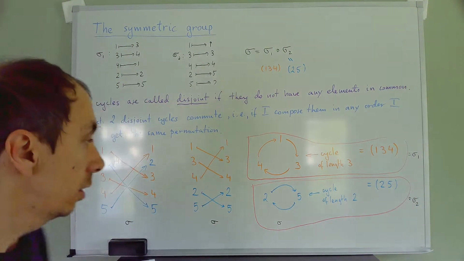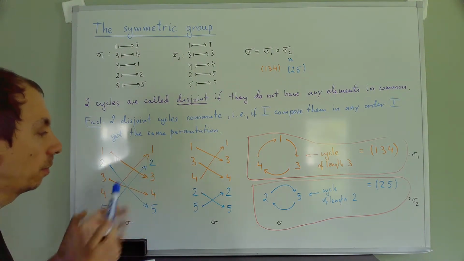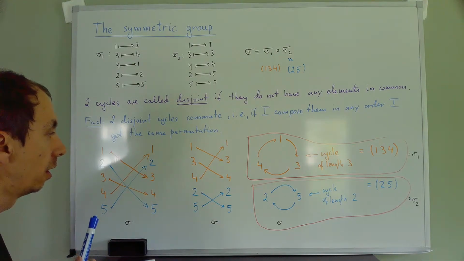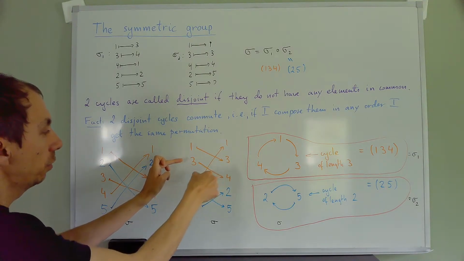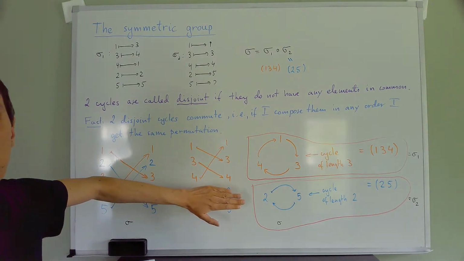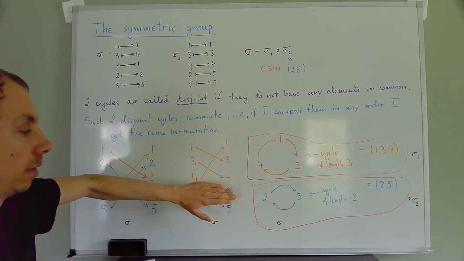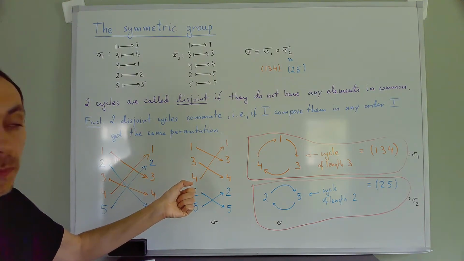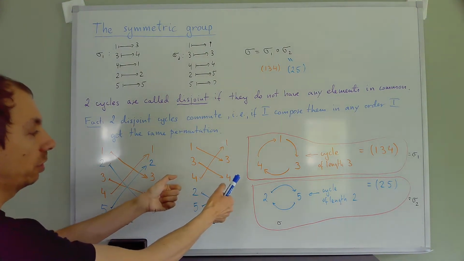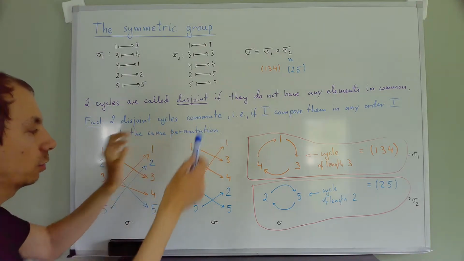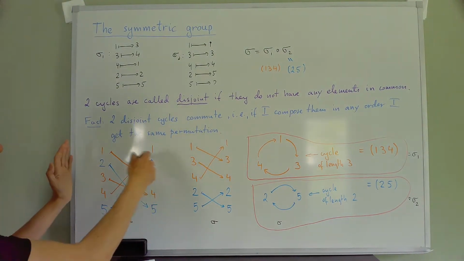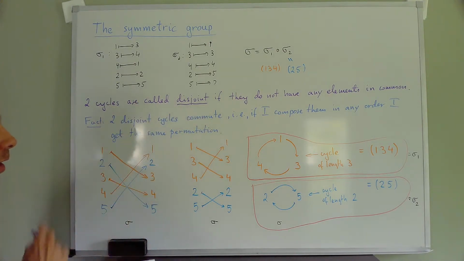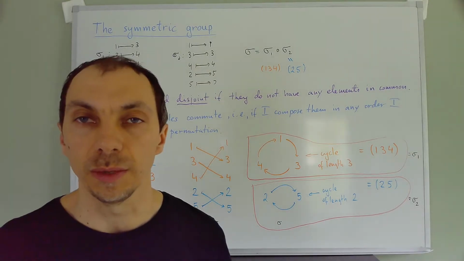It's immediately clear from this situation that I could have first sent 1 to 3, 3 to 4, 4 to 1, and not do anything to 2 and 5, and then switch 2 and 5. Or I could have first switched 2 and 5, and then done these things to 1, 3, 4. Altogether, I get the same permutation, this one here. So that's a good thing about disjoint cycles, that you can compose them in any order.